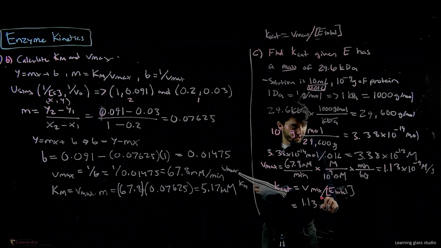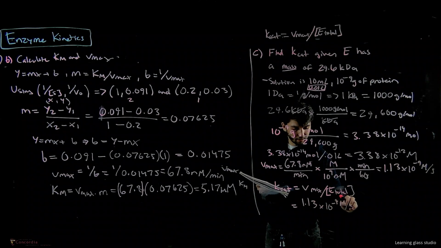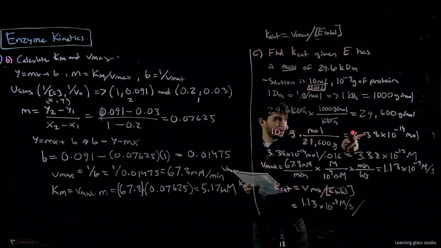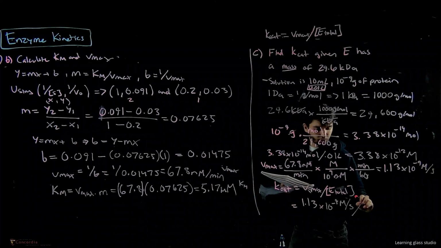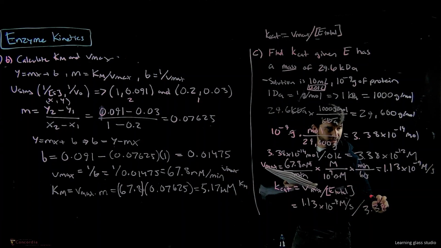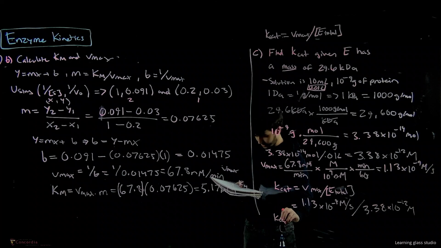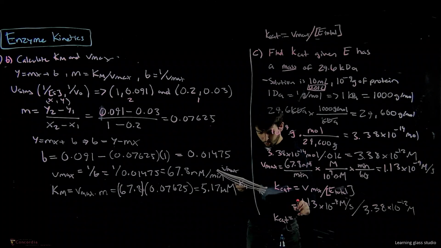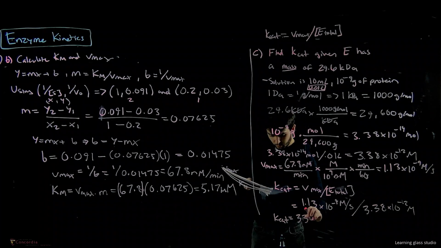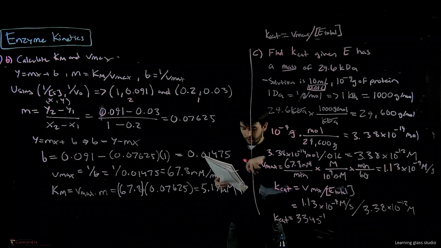So that's 1.13 times 10 to the minus 9 molar per second divided by the total amount of enzyme, which is 3.38 times 10 to the minus 12 molar, and we get that kcat finally is equal to 334 seconds to the minus 1.